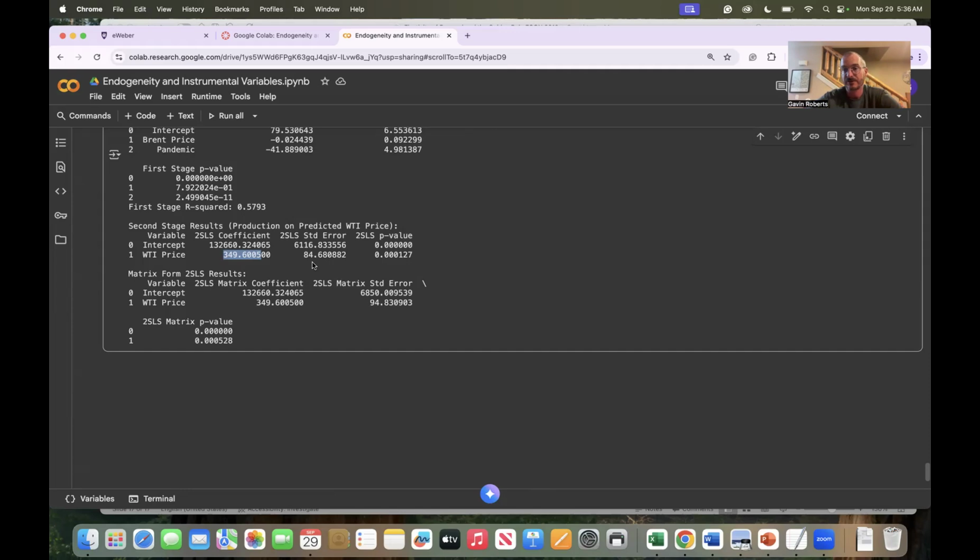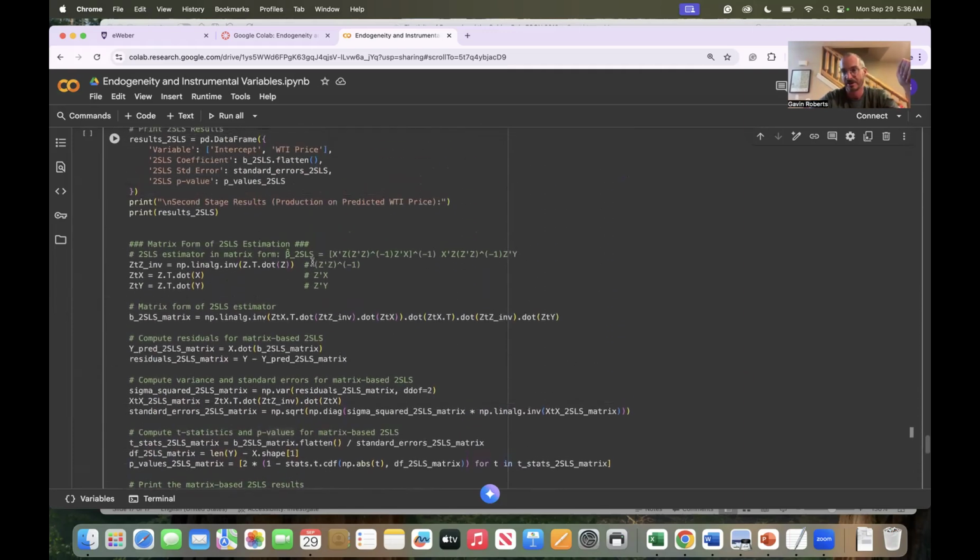Tons of great stuff for a project here. If you're interested in this stuff, the way to do a project like this is come up with a model you would be interested in estimating, come up with a reason that you think at least one of your variables is endogenous, come up with a set of one or more instrumental variables that you might fix that issue with. Because just going through these coefficients like I've done in this lecture would be a great project.